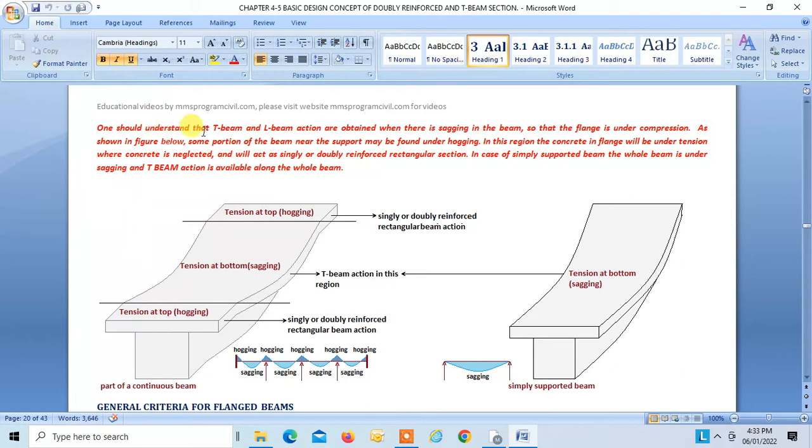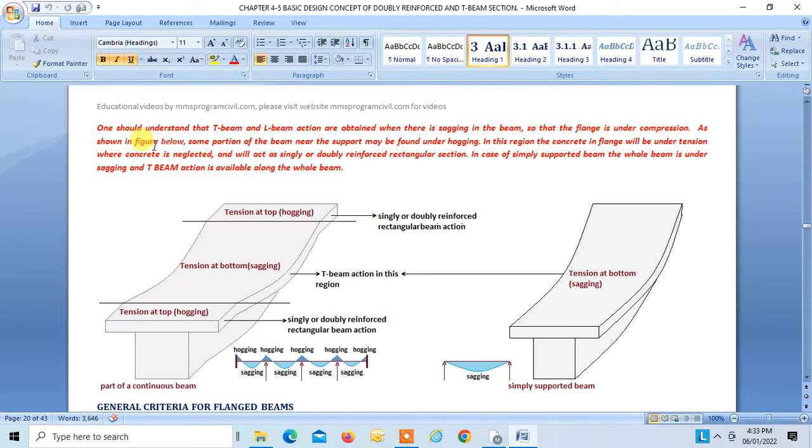One should understand that T-beam and L-beam action are obtained when there is sagging in the beam, so that the flange is under compression.